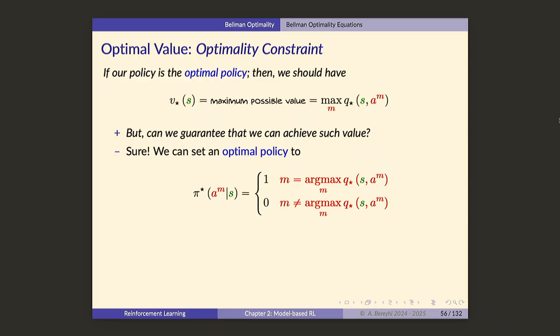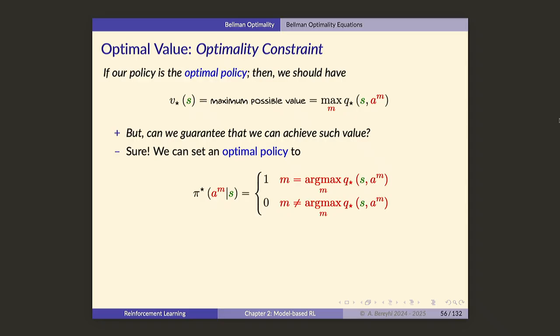So at every single state S, you just search among every possible action, and then you're going to take the action whose corresponding action value is maximized, right? This is your optimal policy. That guy always exists, right? Everybody's clear?